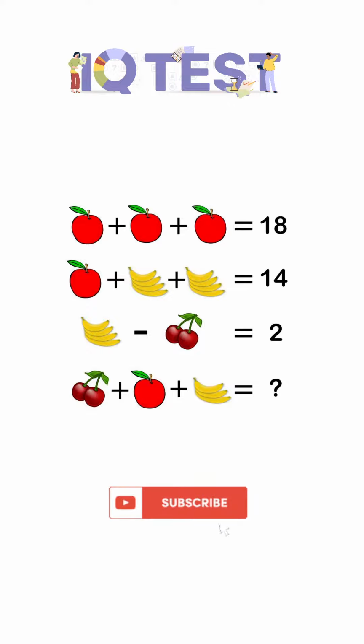Okay, which is true. Which is 2. It's true. So you will have 2 plus the apple, which is 6, plus 3 of the banana. Paulina, look at the banana. The banana is 3 in this case, not 4. So it's supposed to be 11.